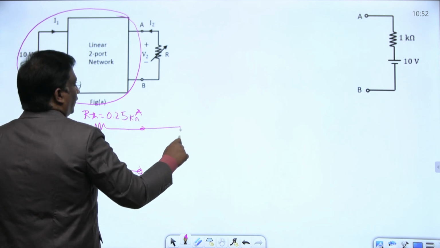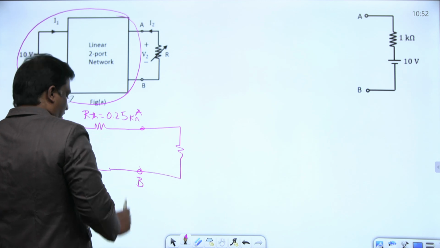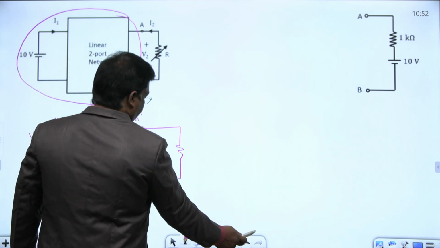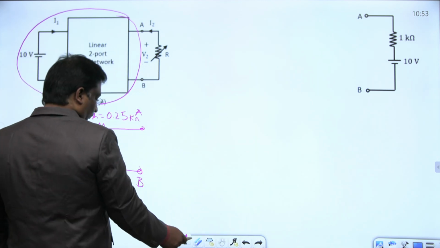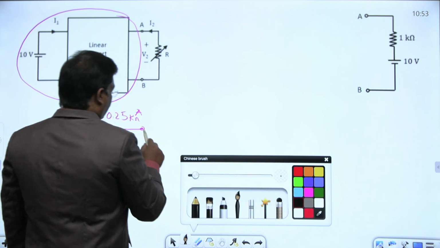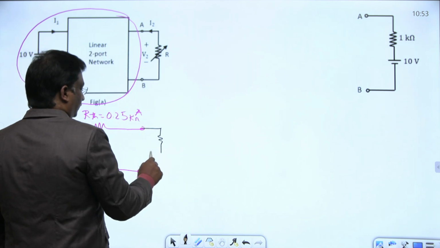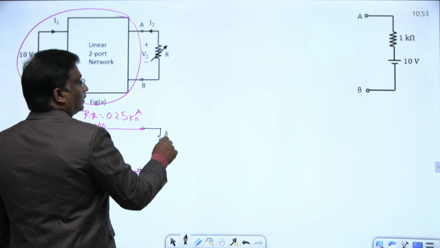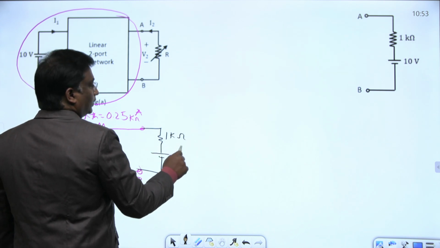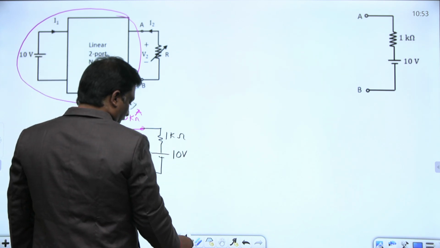Let us terminate it by that network, with a 1 kilo ohm resistor and 10 volts. Then let us try to find the current I.